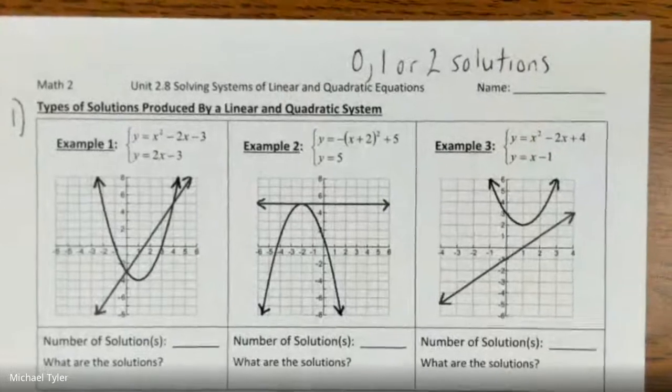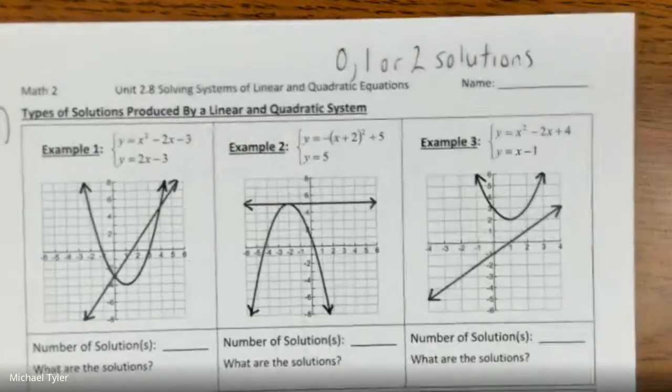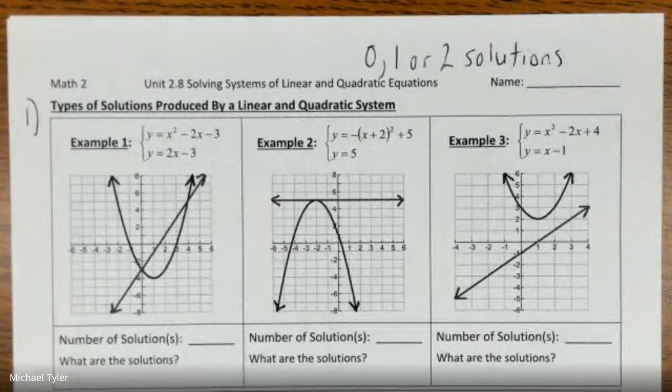An example of this would be dealing with profit functions, or meeting with demand and supply curves. If you ever take business math, or if you're a business major, you will see this in college. Okay, so here we go.